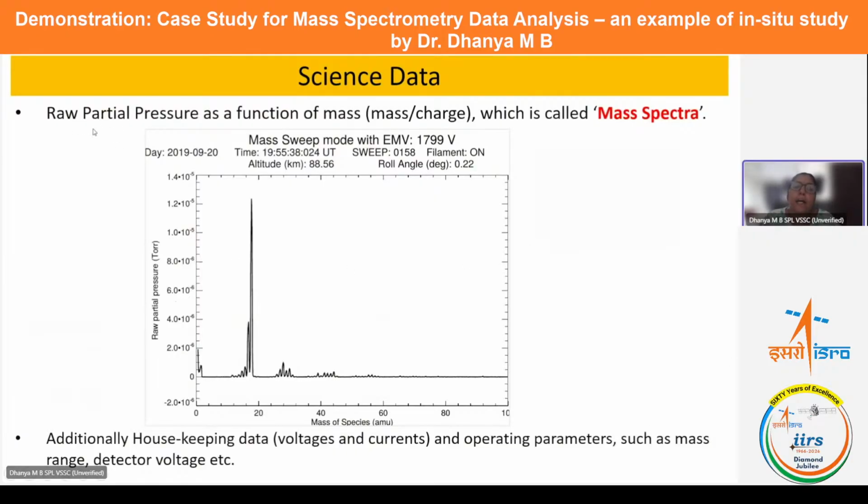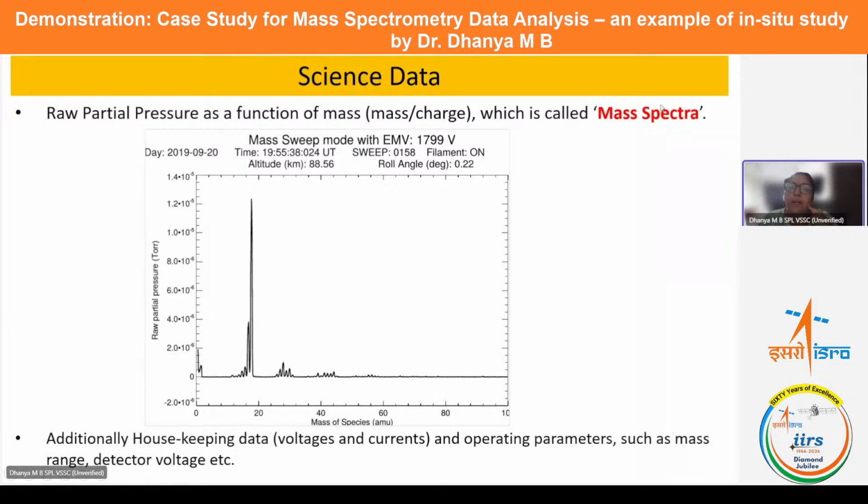Partial because it corresponds to a given mass to charge particle. And by virtue of the scanning from 1 to 300 AMU, we have mass to charge ratio up to that, and then their relative abundance.